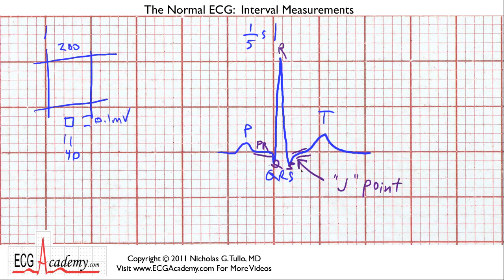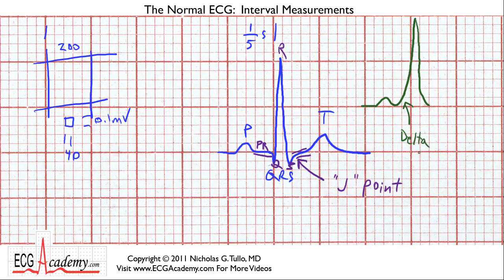Now, there are a couple of extra waves that can be seen under certain circumstances. Okay, let's draw another EKG over here. Here's a P wave. In some people who have an abnormal electrical system, they may actually have a slurred upstroke of their QRS complex, and this is known as a delta wave.